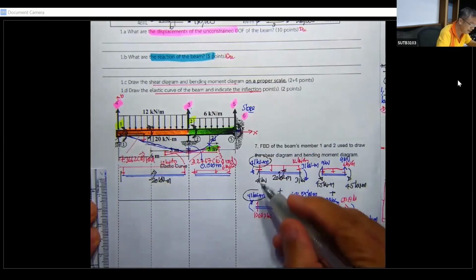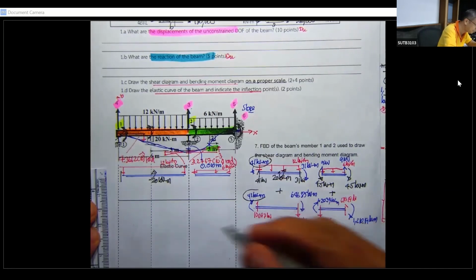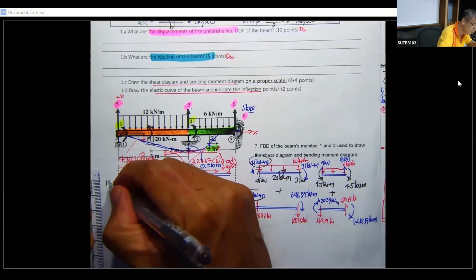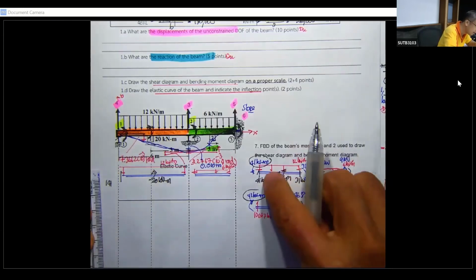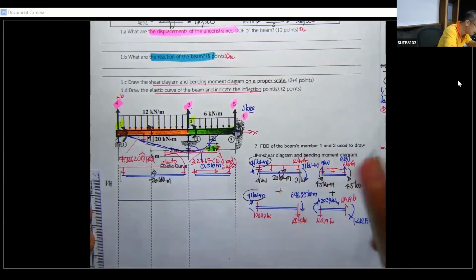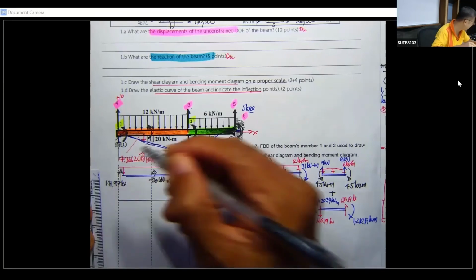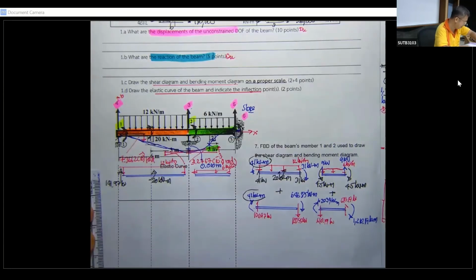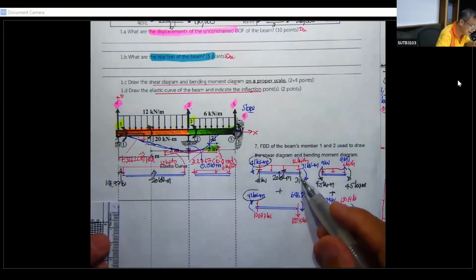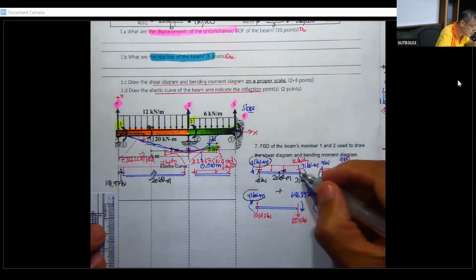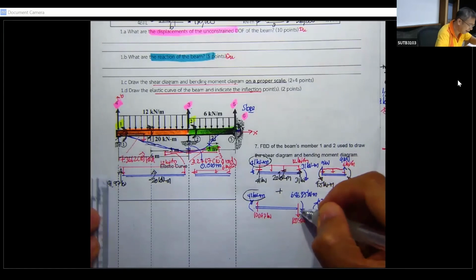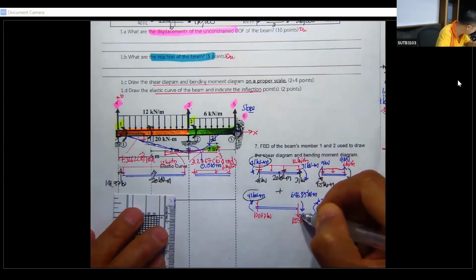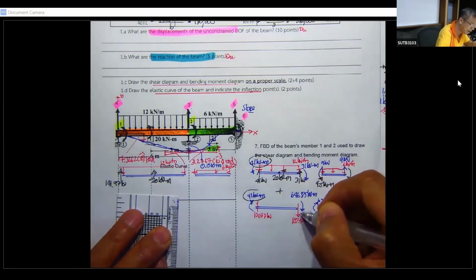Okay, for this one, 141.97 kilonewton and upward. That is going to be what we have. And then next, this 31 is upward, this one is downward, so this one will be downward.